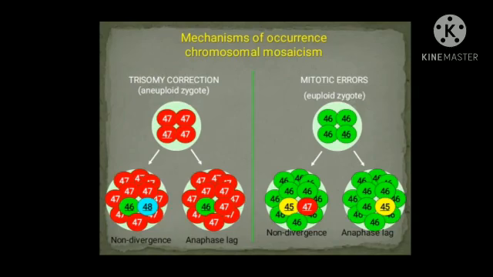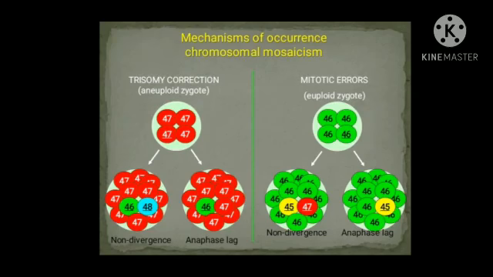Trisomy correction. We can see that at first there was trisomy, and all cells in this organism have 47 chromosomes. But then a mutation happens.